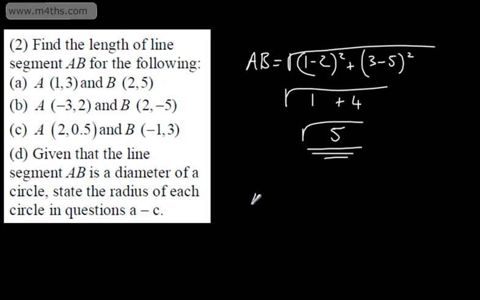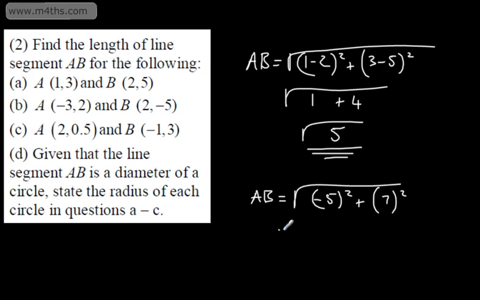So I'm going to write on the next one, this is part B. AB is going to be the square root. So we're going to have -3 minus 2, which is going to be -5. And I'll just write this as -5 squared, plus we're going to have 2 subtract -5, which is going to be +7.